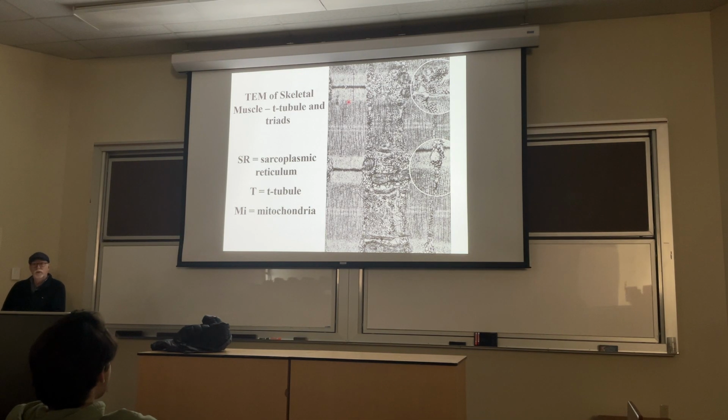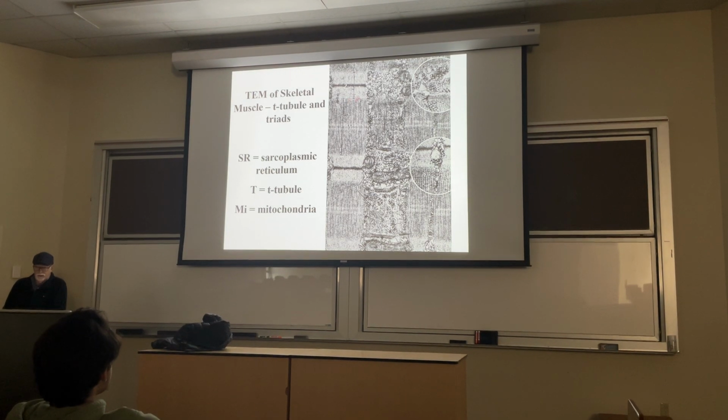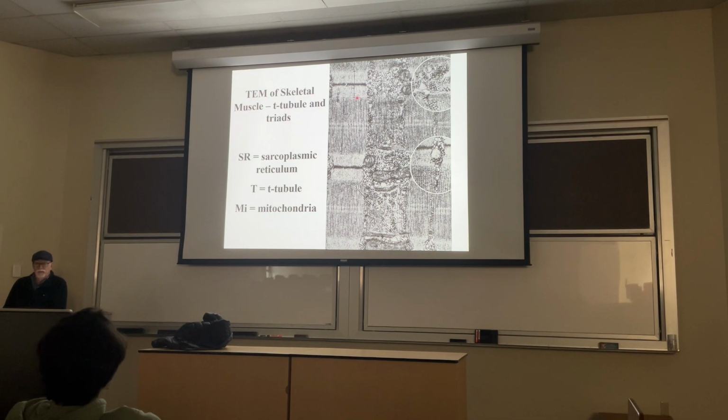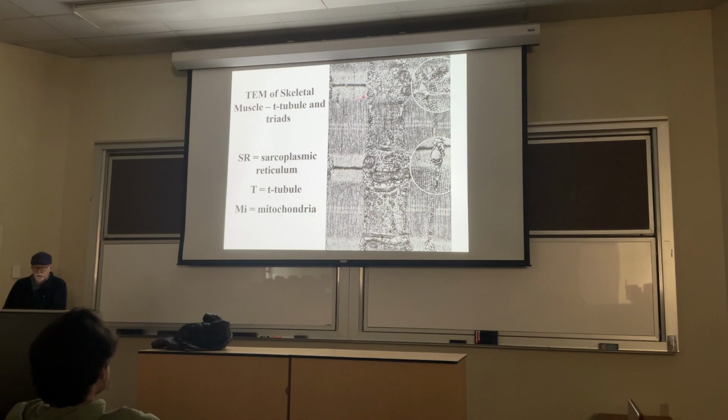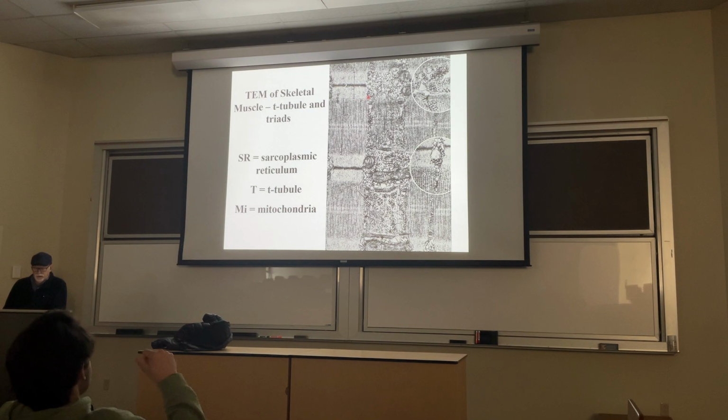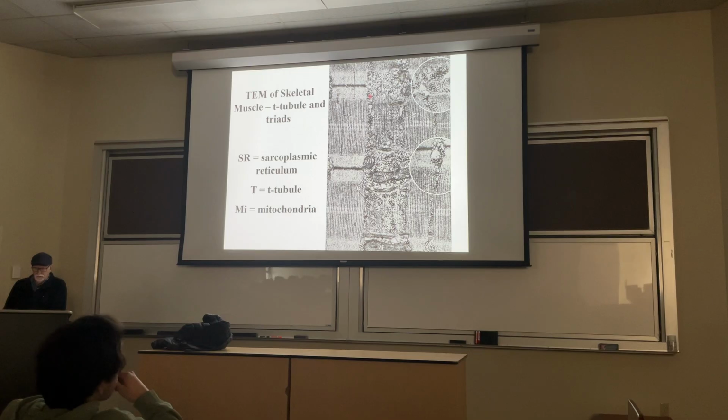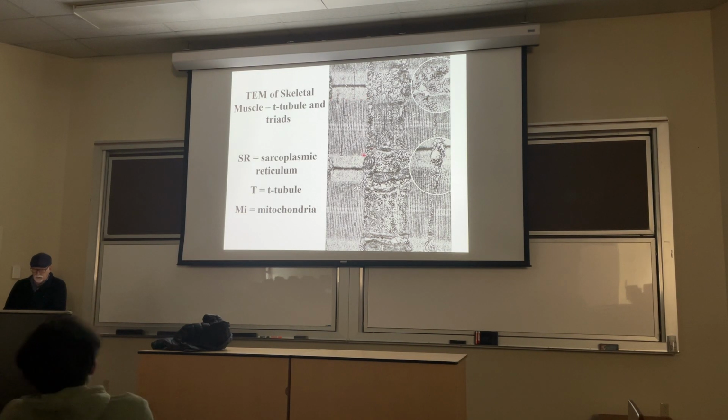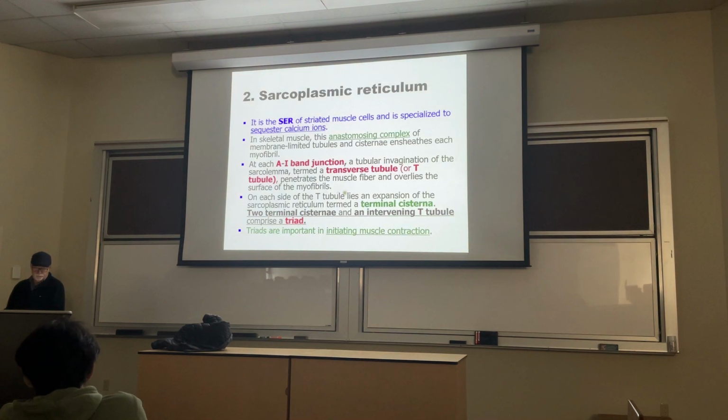The reason that we want you to notice that is in cardiac, they come at the Z lines. They come in a different place. But for skeletal muscle, these transverse tubules come to this area between the A band and the I band. So that's the A-I band junction, and that's where they come through.